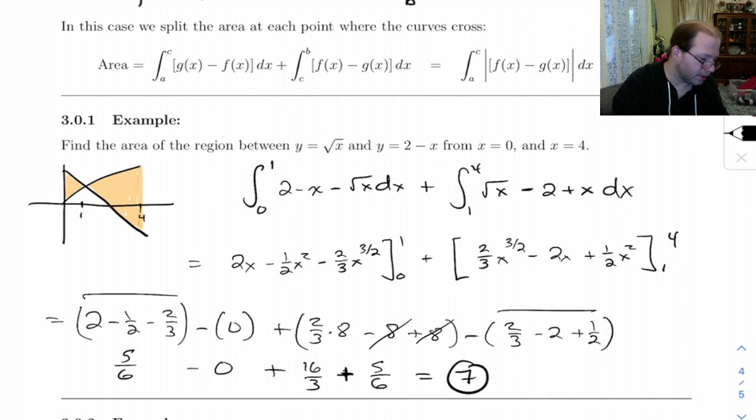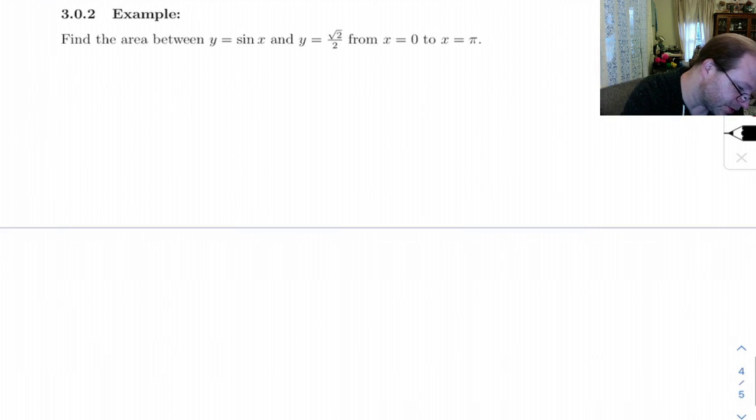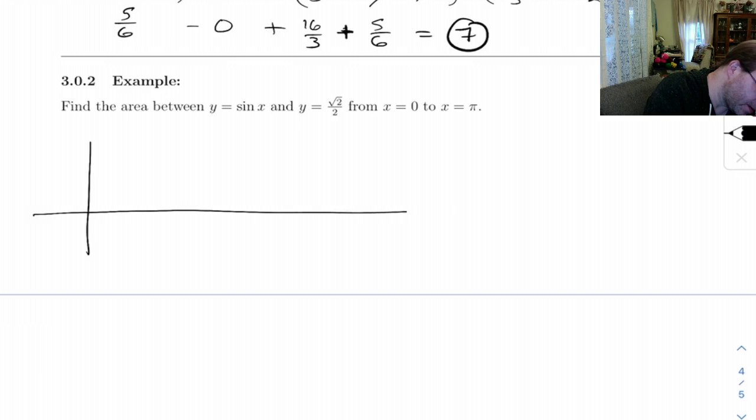All right, let's do one more example. Find the area between sine x and y equals root 2 over 2 from 0 to pi. All right, now this one we can graph pretty easily. And maybe we'll just set this one up. Let's see, from 0 to pi. Now we know what sine looks like.